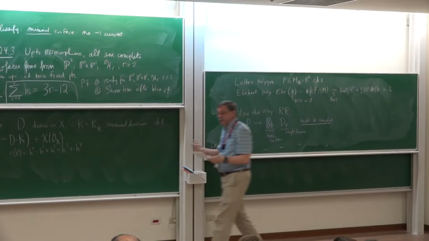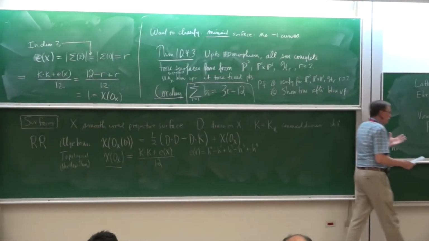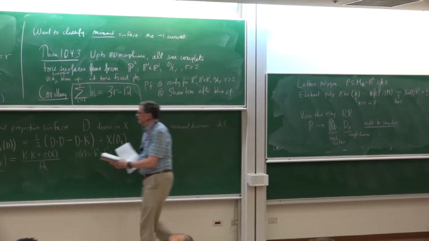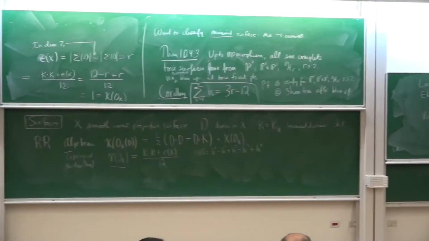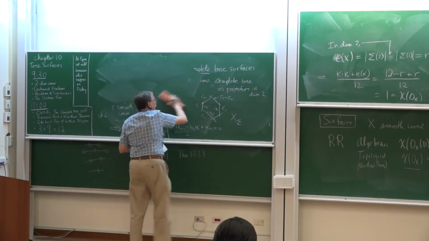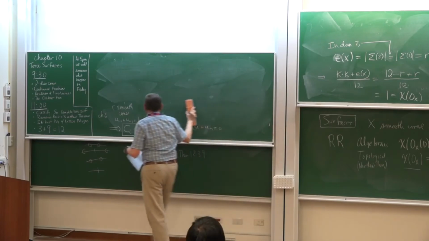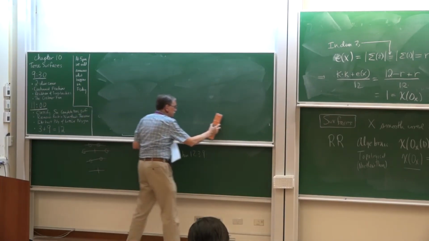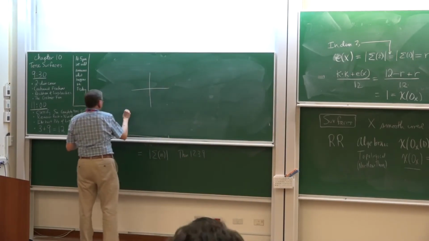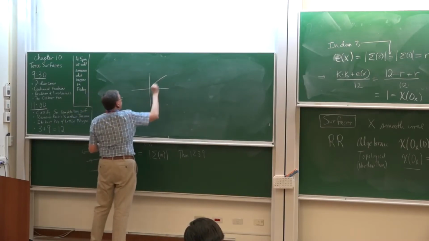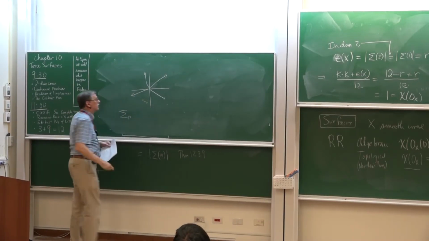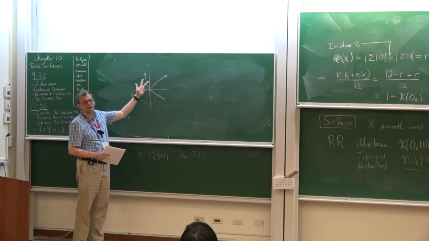So what I'm going to do is take a smooth refinement. Here's sigma P, a bunch of cones. But the problem is these might be singular cones.